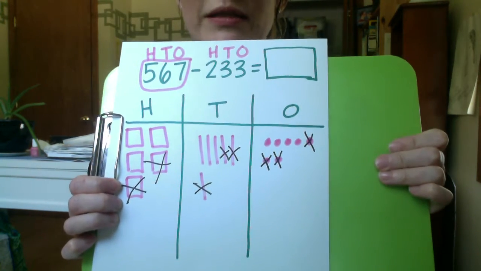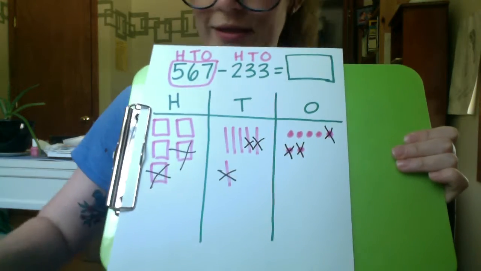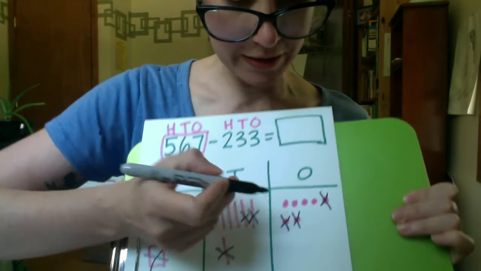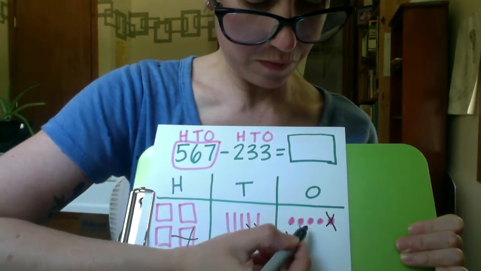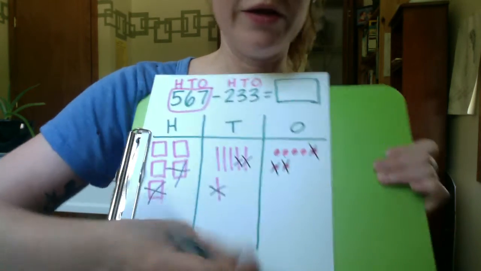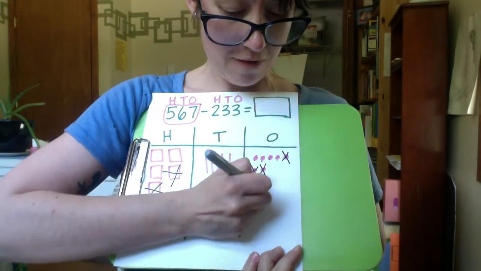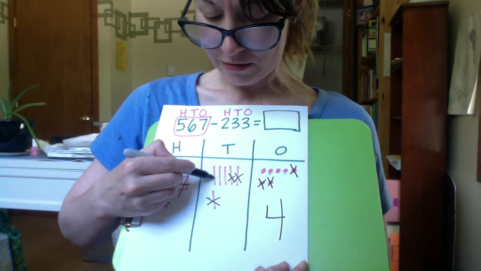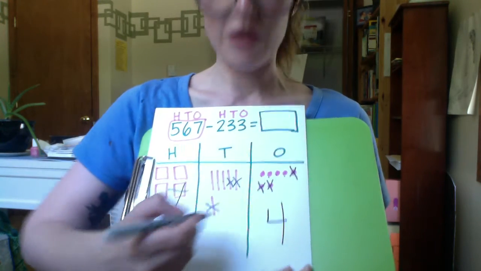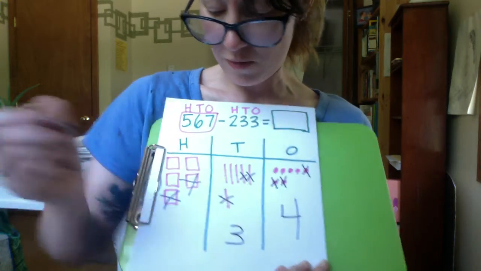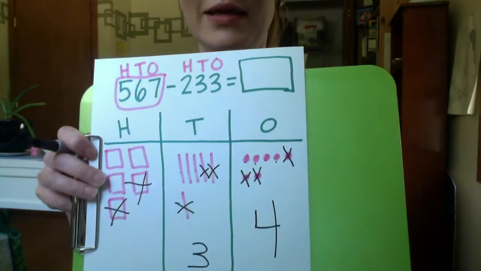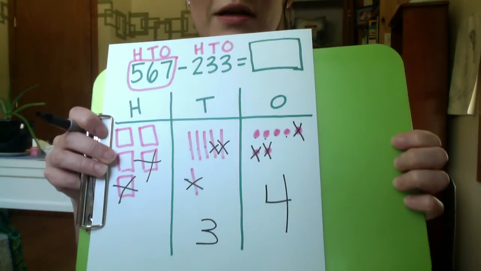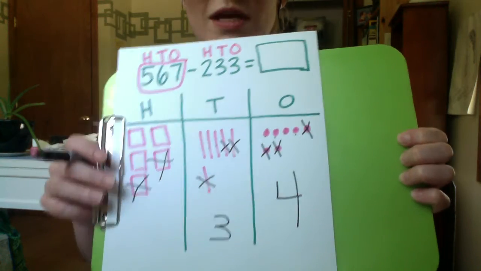Okay, I modeled it. Now I just have to figure out the answer. How do I figure out the answer? I count. Let's see, how many ones are left? 4. So I'm going to write that number right here. How many tens are left? 3. So I'm going to write that number right here. And how many hundreds are left? 3 again.